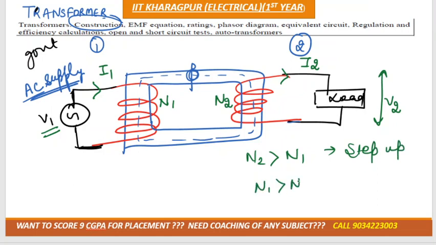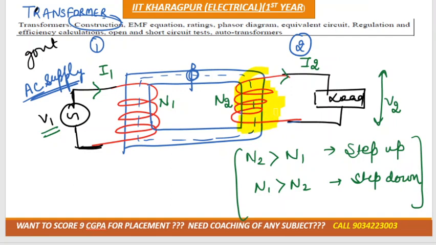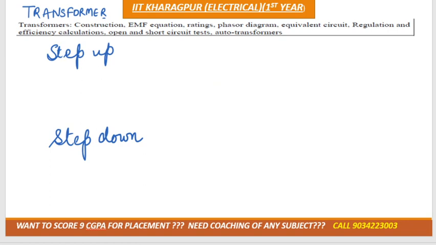If N1 is greater, we have a step down transformer. If the primary has more turns, the primary voltage is higher; if we have fewer turns, the voltage is less. On the basis of the number of turns and the voltage, we decide step up or step down.